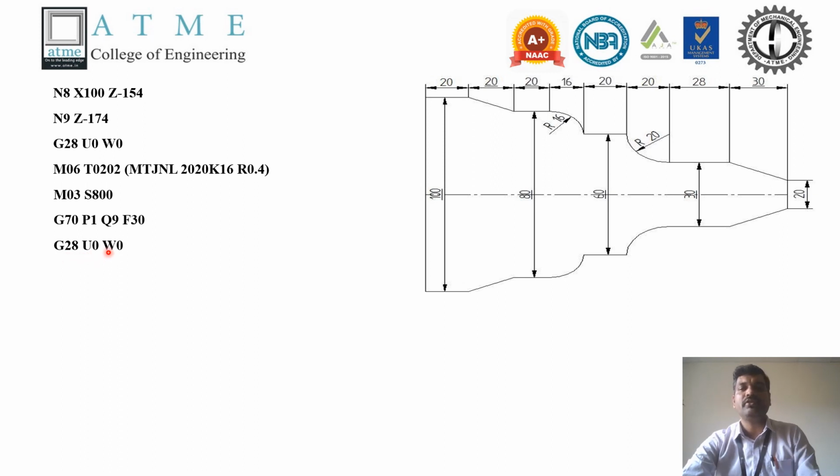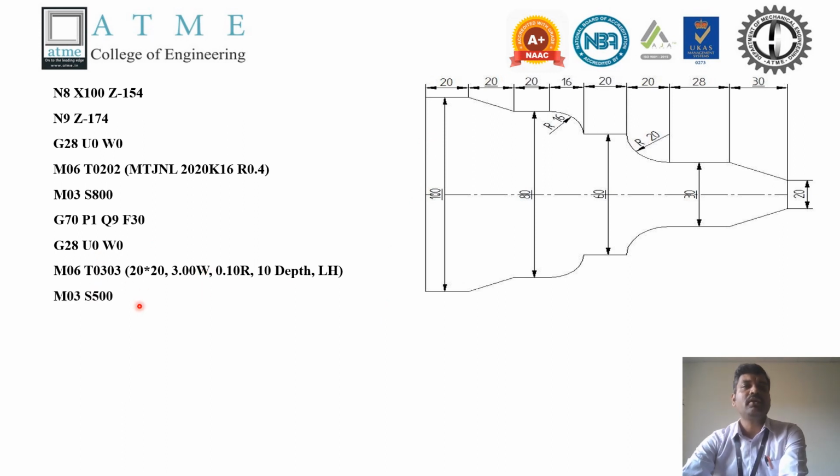So U0 W0. Here it has one more operation called parting off, that is a grooving operation. So that is a tool change for the parting off tool. This is a reference tool. So once again the spindle forward with a required speed, then the tool has to move rapidly. G00 means the tool moves rapidly.